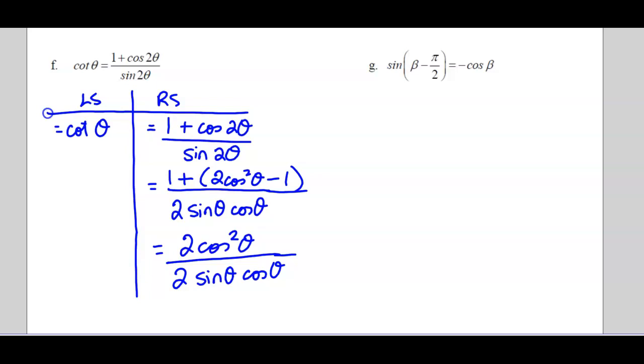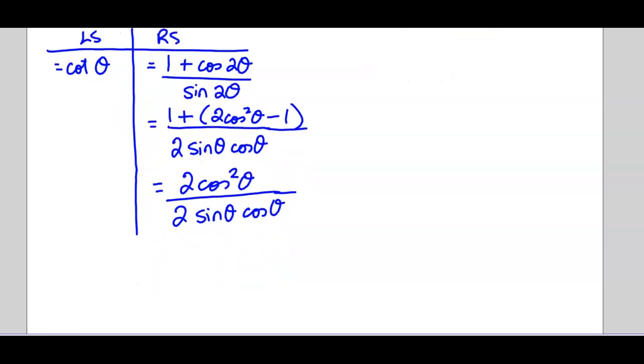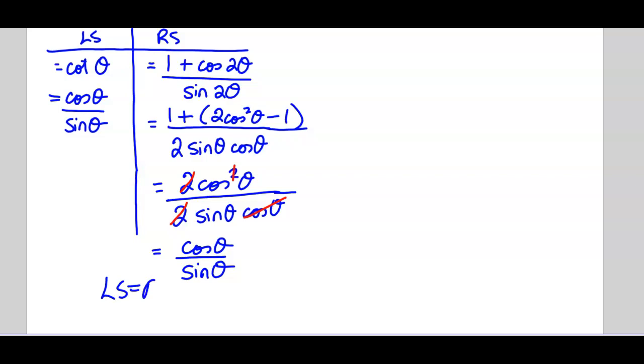Here, cos divides into that one, and then you could make it equal to cotan theta there, or you could go back over here. It doesn't matter, as long as the last statement on the left side and the right side are exactly the same.